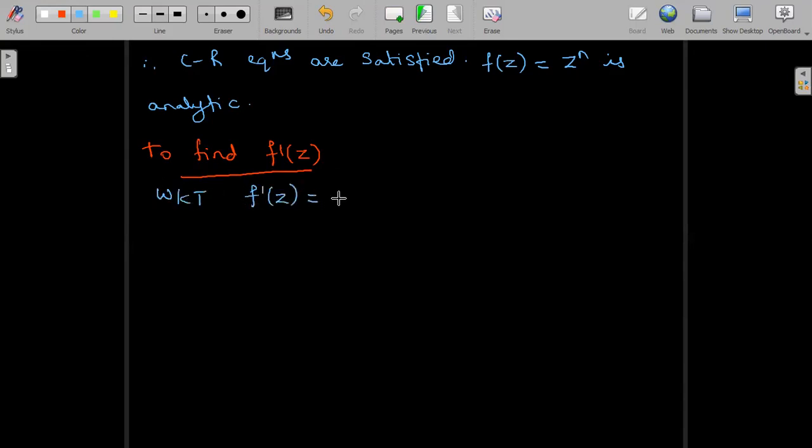So the expression for f dash of z in the polar form is f dash of z is equal to e power minus i theta multiplied by ur plus i into vr.